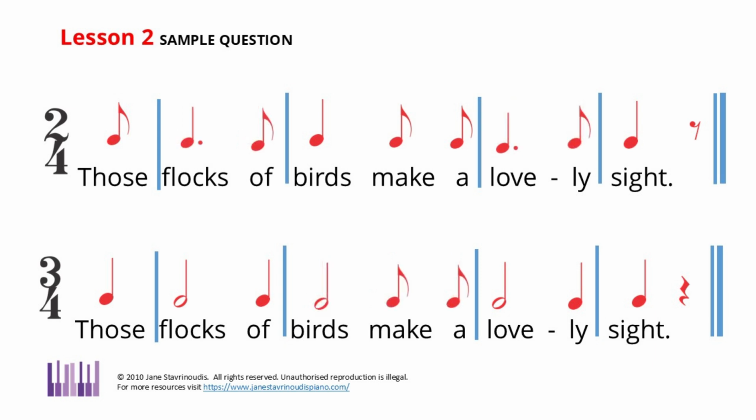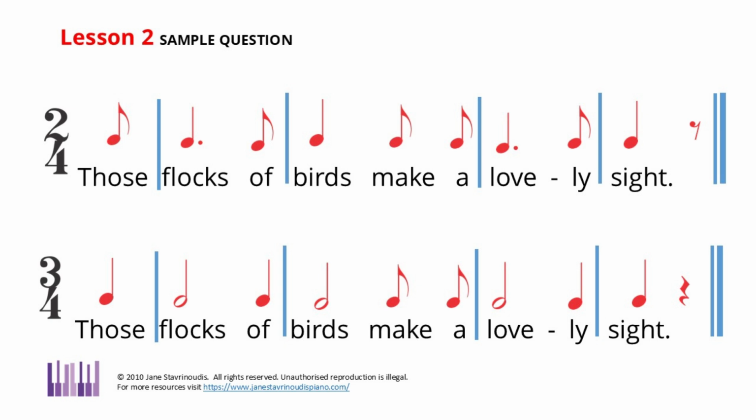There is one more optional step that would make this sound more interesting, and that is by adding 1 or 2 dotted notes, such as in bars 1 and 3 of the 2-4 time answer, or by extending the first note in bar 2 of the 3-4 pattern and decreasing the next 2 notes.